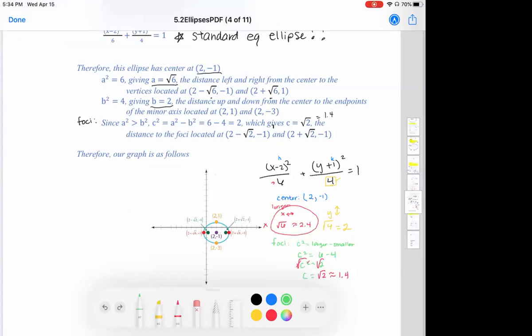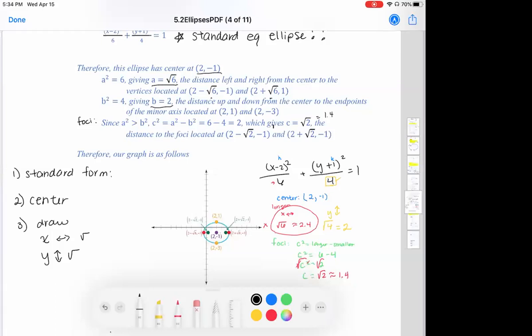So I guess if you want a guideline, you would first always make sure it's in standard form. If not, you need to rewrite your whole formula, complete the square. Second, label your center. And then from there, you want to draw. For the number underneath the x, you go left and right the square root amount of that number. The number underneath the y, you go up and down the square root amount of that number.